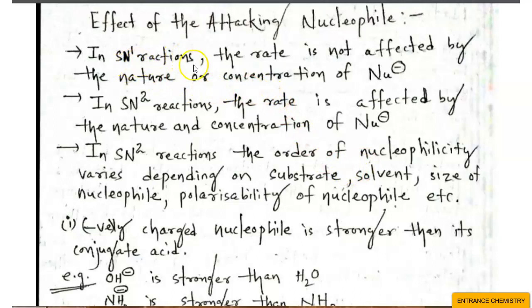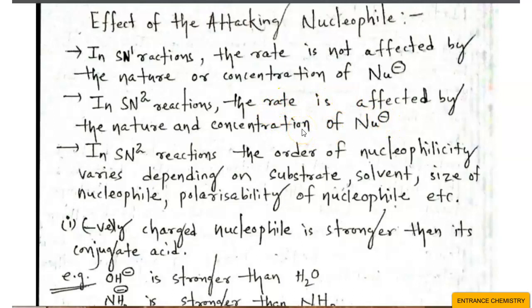That is, a first order reaction only depends upon the substrate. So in SN1 reactions, the rate is not affected by the nature or concentration of nucleophile. But in SN2 reaction, the rate is affected by the nature and concentration of nucleophile, because as we see, rate is directly proportional to the substrate as well as nucleophile.